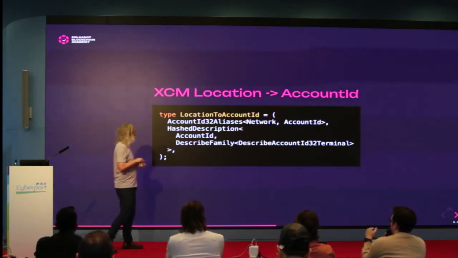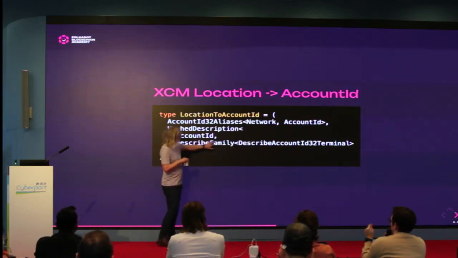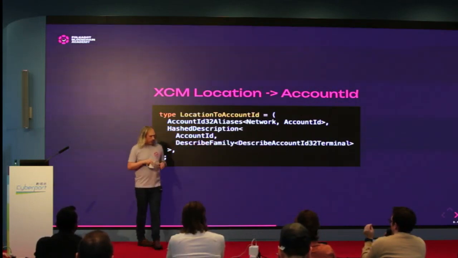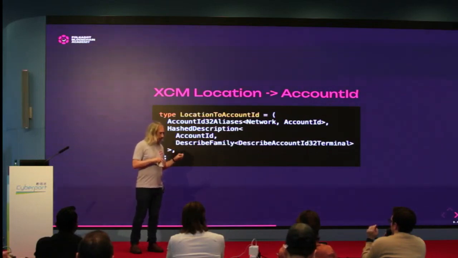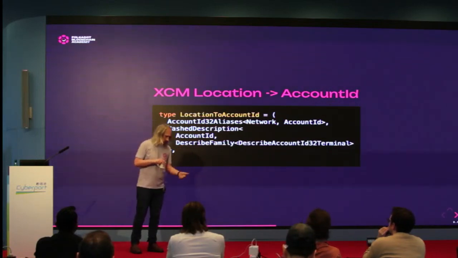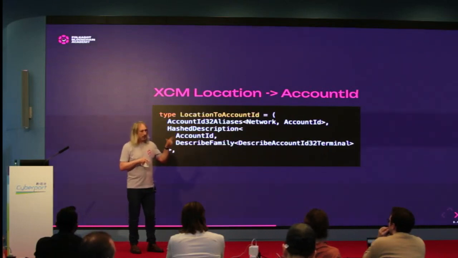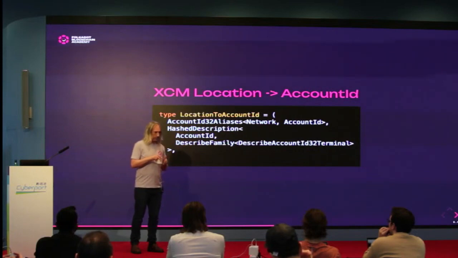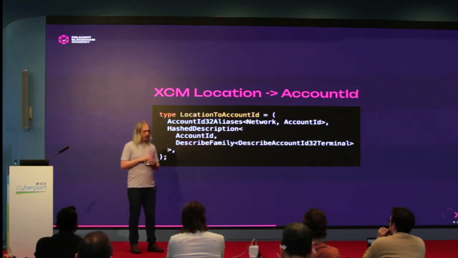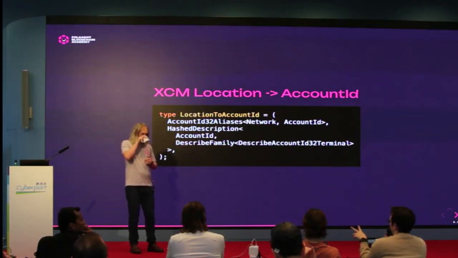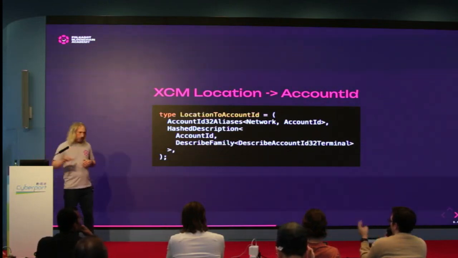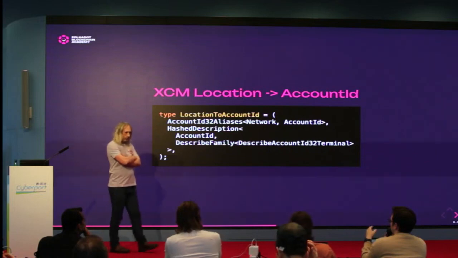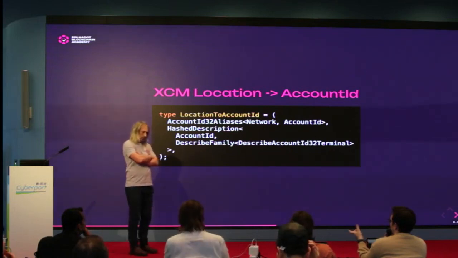Yeah, describe family itself gives you a different description depending on both the account ID and the relation to you of the chain that it's on. Okay. So if, for example, two different parachains wanted to access an account ID on a third one, wouldn't they get the same described family because the location relative to them would be the same?